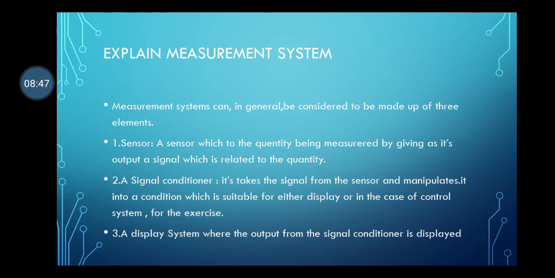Third one, a display system where the output from the signal conditioner is displayed.